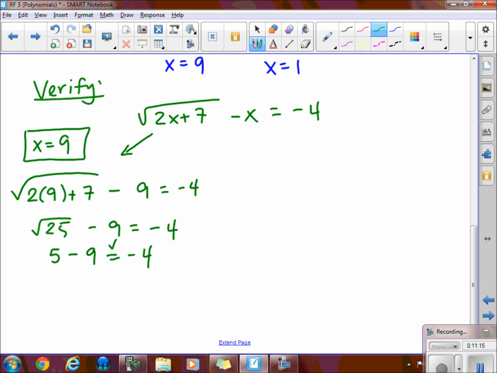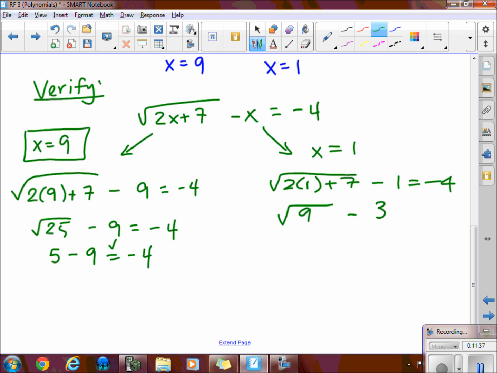Now let's verify that x equals 1 is either a solution or verify that it's an extraneous root in the situation. So we plug it in for both of the x's again. So 2 times 1 plus 7, all under a root sign, minus 1 equals negative 4. We simplify the radicand in this radical, and we get 2 plus 7 is 9, minus 1, I made a mistake there.